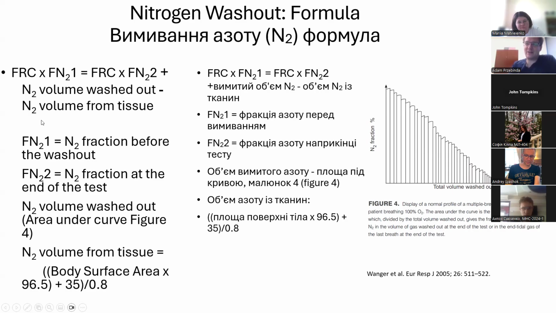And what I've included here is a very small amount of nitrogen that is washed out from the tissue, for which there is a formula to compute what that is over time. So you can add that in to be more complete. But this is the way that you can calculate the functional residual capacity by this method.